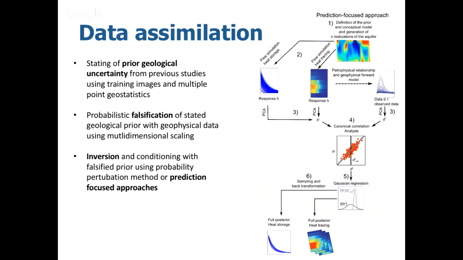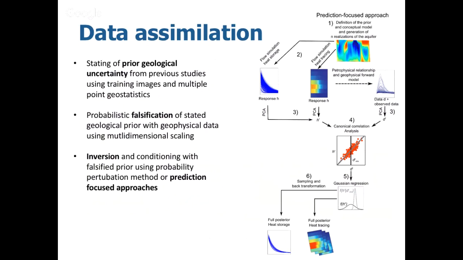That is the probabilistic falsification of the geological prior, where we use multiple-point geostatistics to simulate many different geological scenarios and look, with the geophysical data collected on the field, at which one is most probable. So that is the first step.